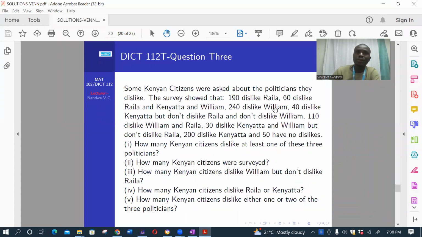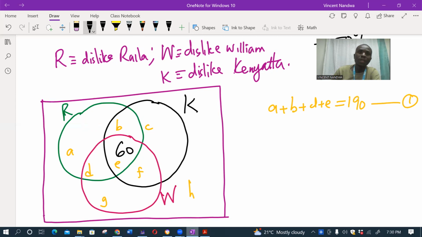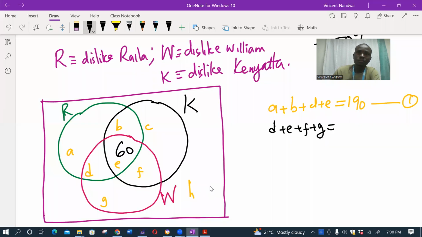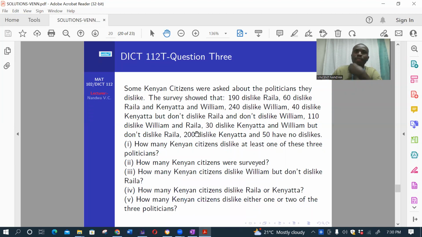240 dislike William. So William is this set with pink color. So D plus E plus F plus G should give us a total of 240. And then 40 dislike Kenyatta, but don't dislike Raila and don't dislike William.